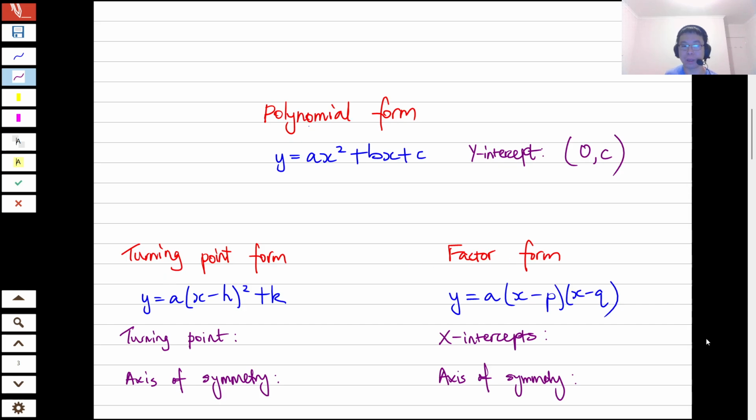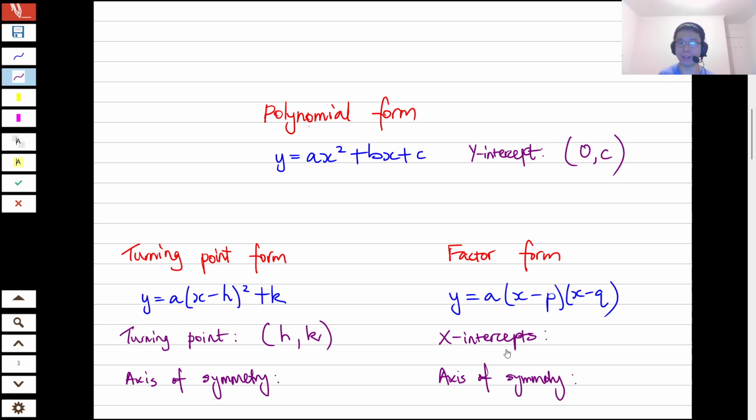Turning point form, as the name suggests, gives us the turning point. So if I can write the equation in the form y equals a(x minus h) squared plus k, then I automatically know that the turning point is at (h, k).